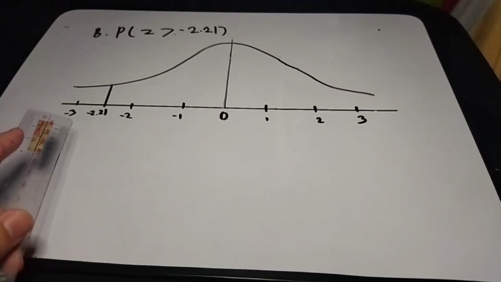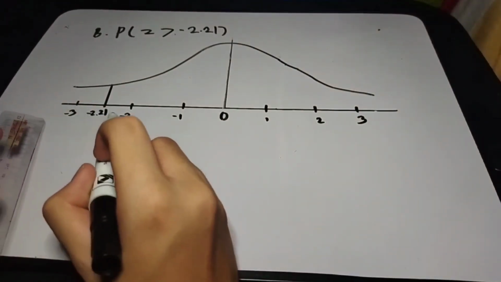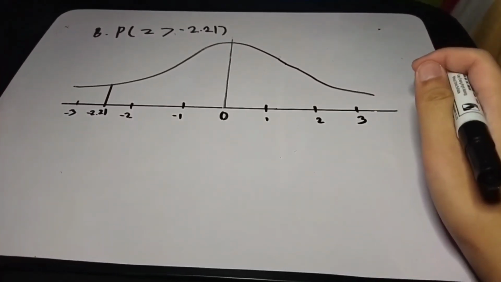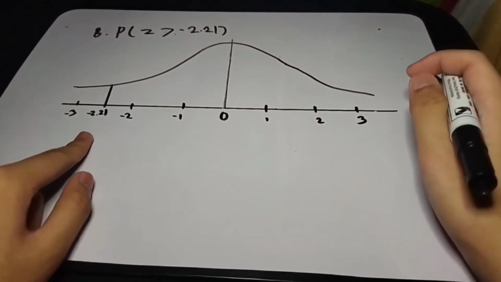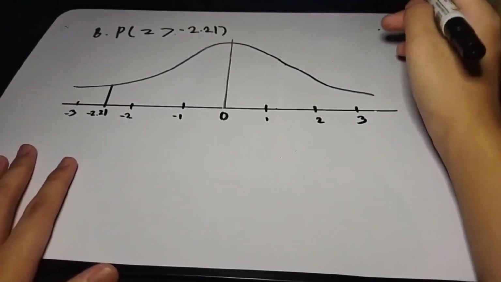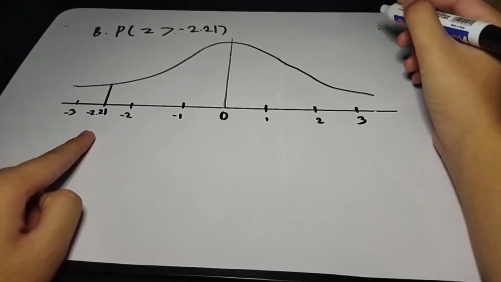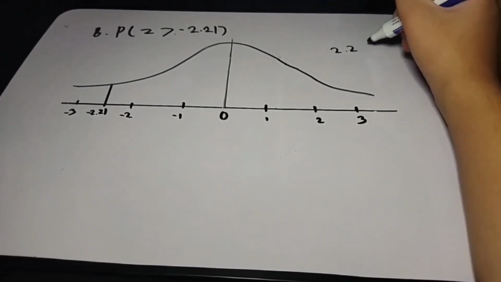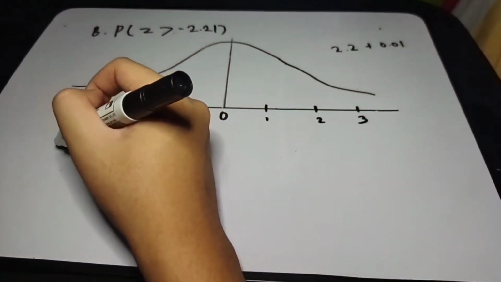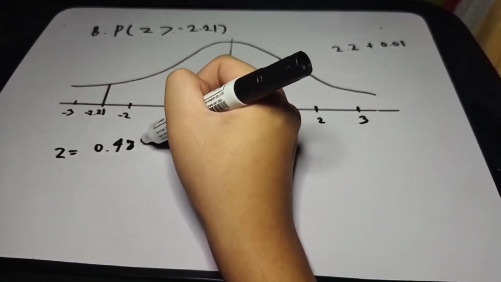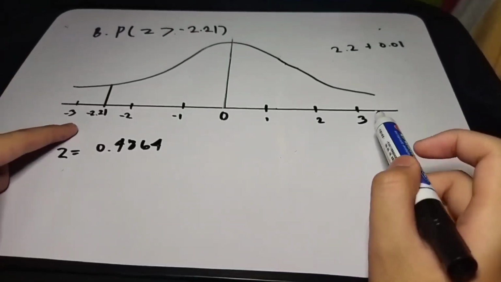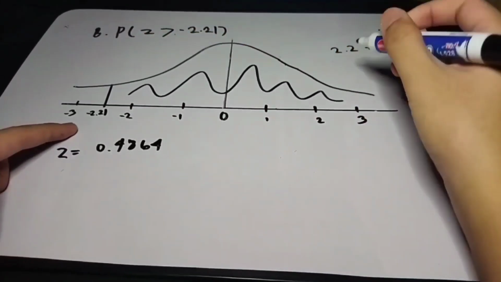I already marked where the negative 2.21 is in our distribution model. So, it is just here, about halfway to negative 3. As I mentioned earlier, our distribution model is symmetrical and mirrored. So it doesn't matter if it's negative, we just look for the positive 2.21, because although the signs are different, they have the same values. So, the two values that intersect for negative 2.21 are 2.2 and 0.01. If we look at where 2.2 and 0.01 intersect, it lands on 0.4864. This side is what we are looking for because it is greater than, meaning all of these values are larger than negative 2.21. So, we shade it because that is what we need to find.